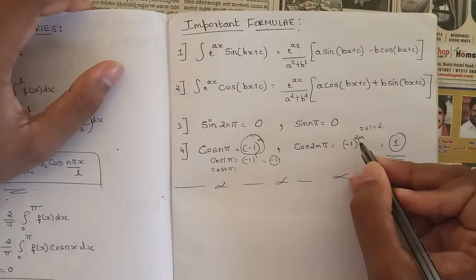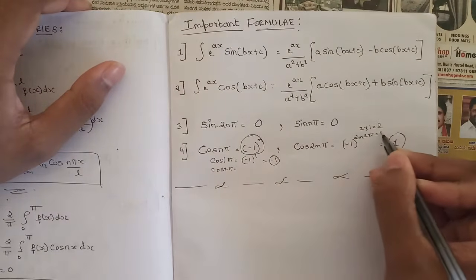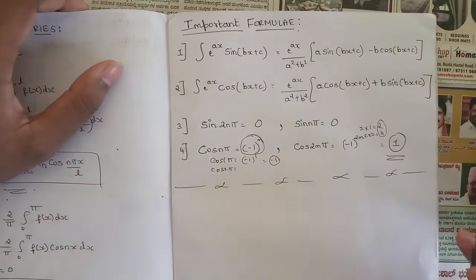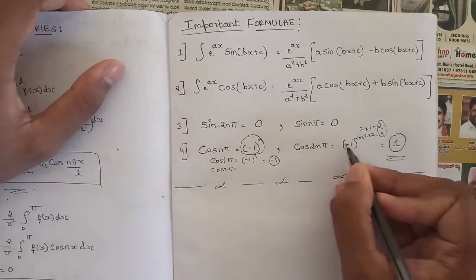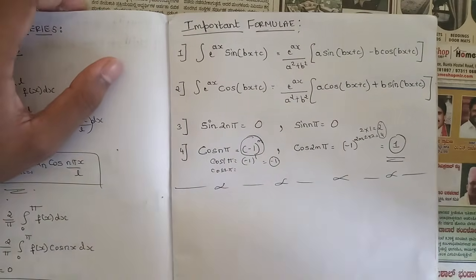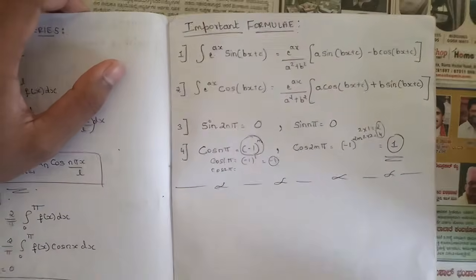The power is multiplied with 2 always, for any number. So 2 into 2 also becomes 4. Whatever answer we get, all of them are even. We know that minus 1 to the power any even number will give you 1 itself as the answer. So we can say that the formula for cos 2n pi is plus 1.